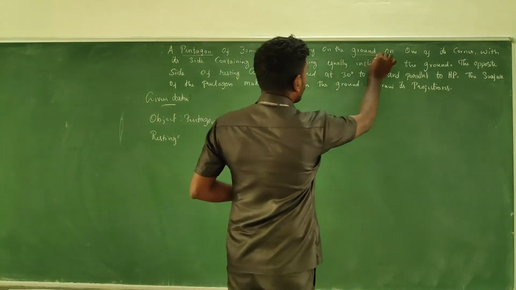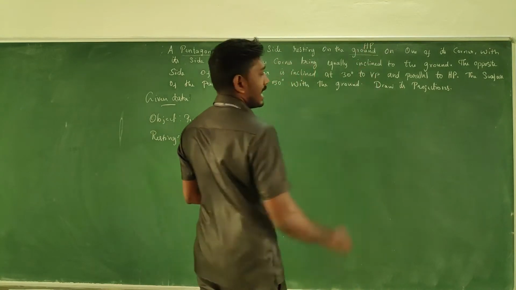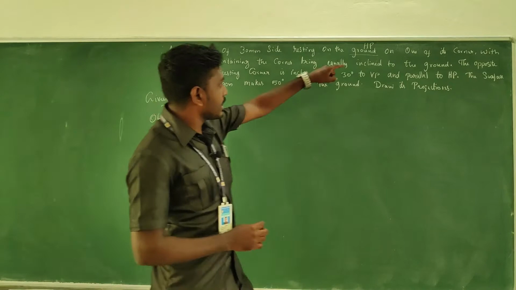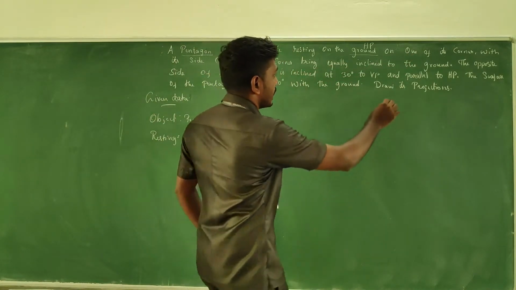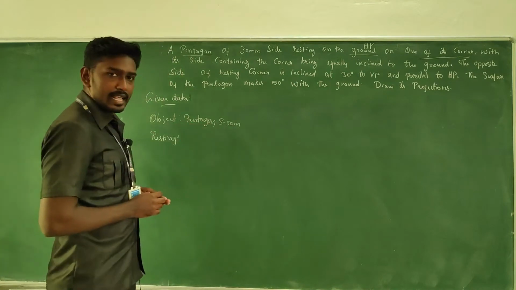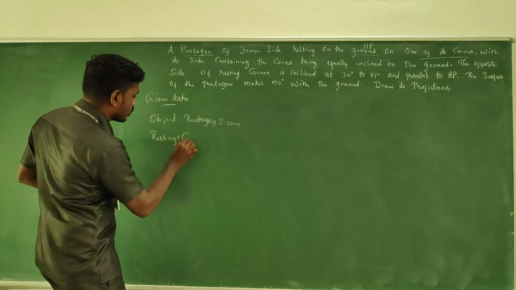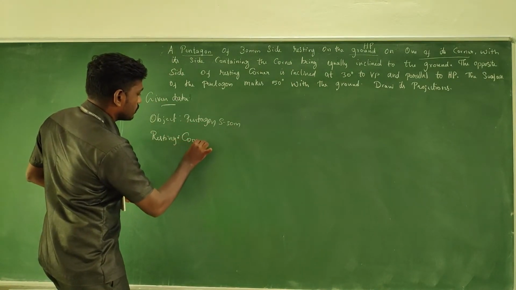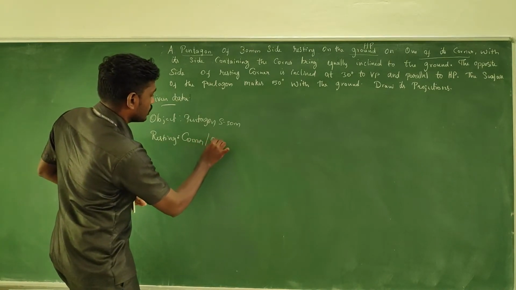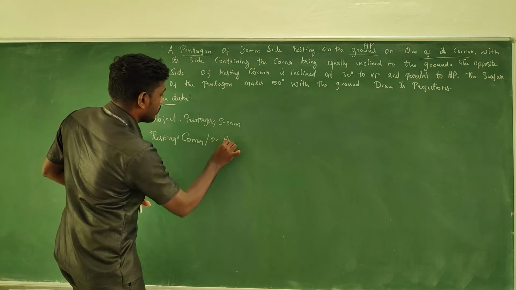Ground in the sense is nothing but HP, the horizontal plane. On the ground on one of its corners. So the pentagon is resting with a corner on HP or ground.